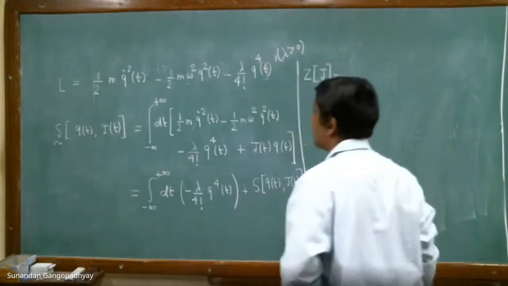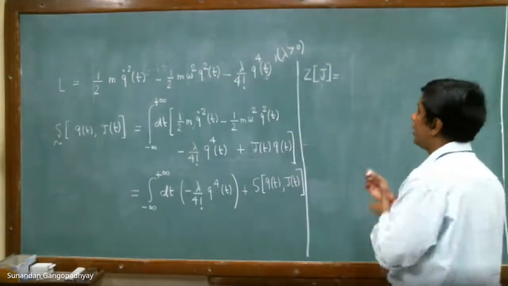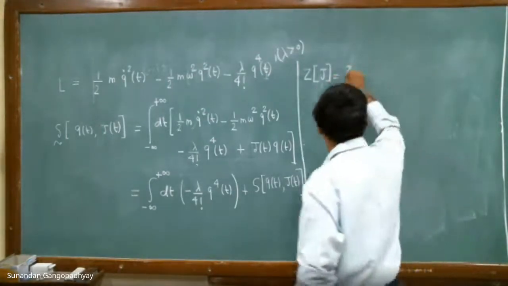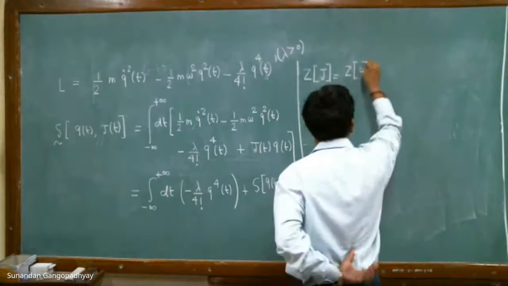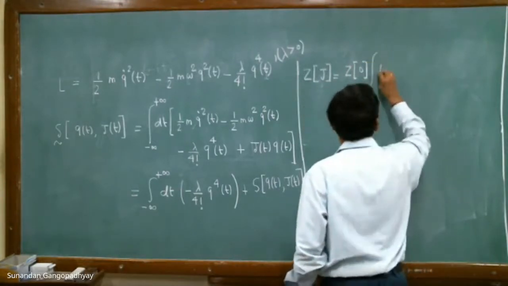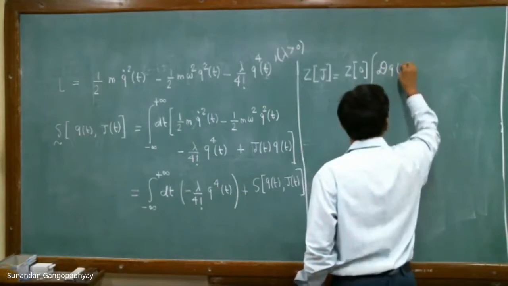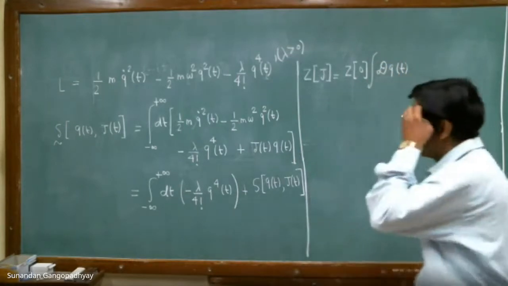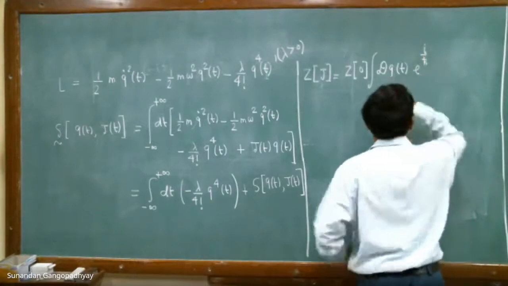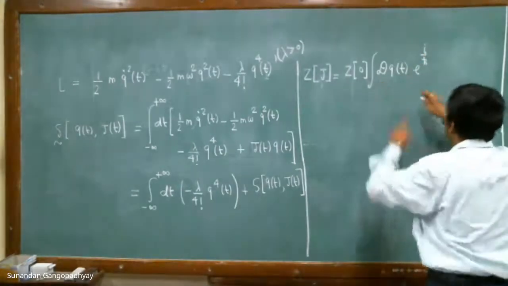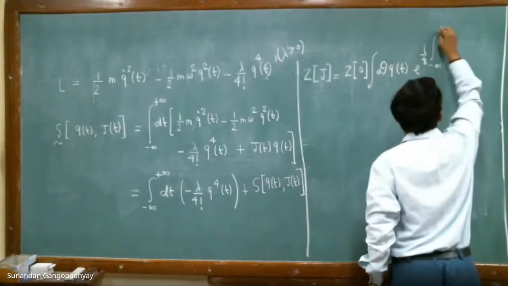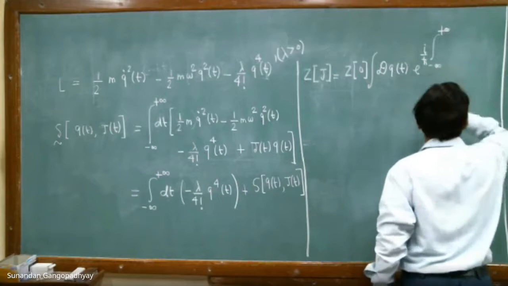The generating functional in the presence of the source J, apart from some normalization, I write as Z0. So that is now the integral of Dq(t) times e to the power of i by h bar. This is the path integral measure, the functional measure, and then we have the ordinary integral on top.